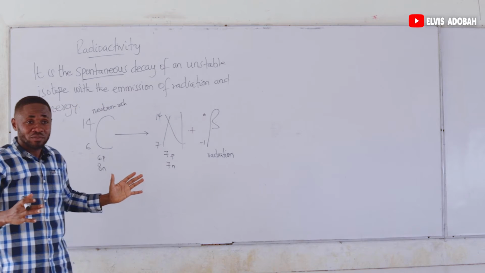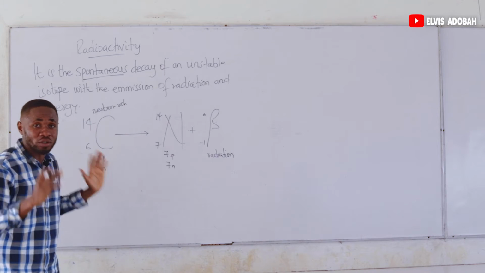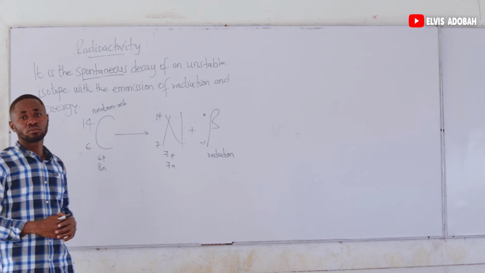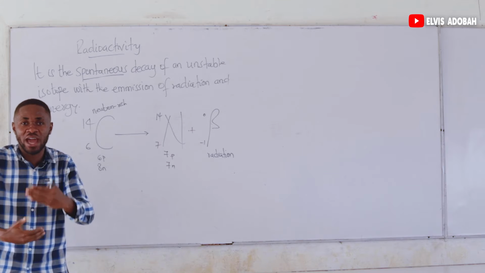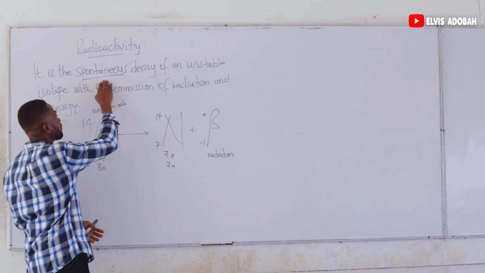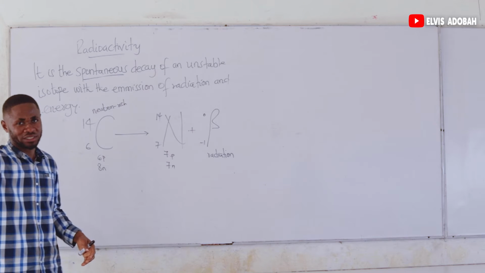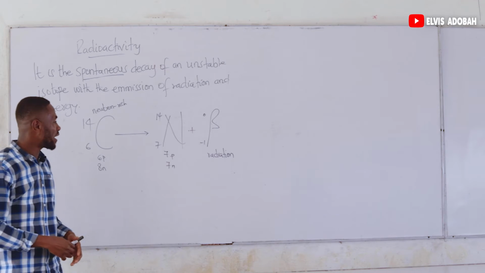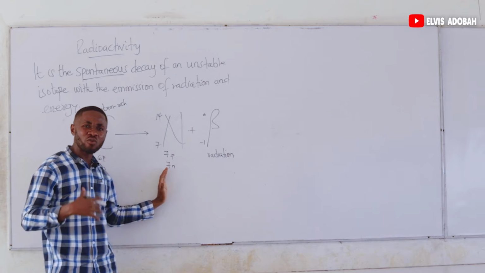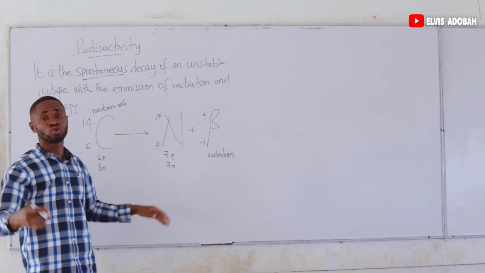Whatever the problem is, it doesn't want to stay unstable. So it does whatever it has to, spontaneously, on its own. Nobody causes it. And when it does so, it forms a relatively stable isotope.